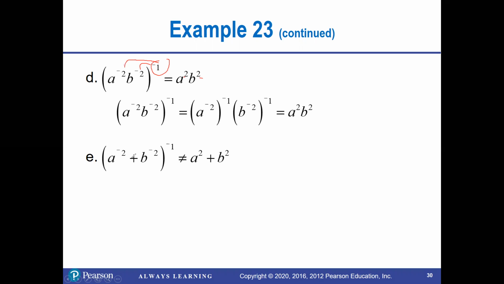Now, here's the thing. Because of the plus sign in example E, this does not go to everything. What's going to happen is you first have to make this a squared on the bottom, and this one b squared on the bottom. All of that to the negative 1.